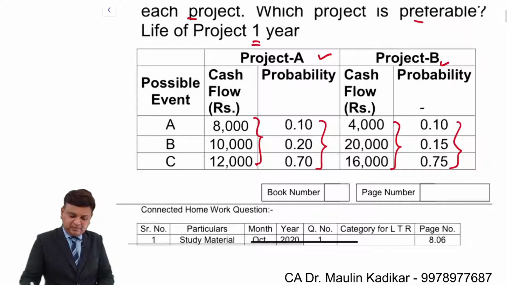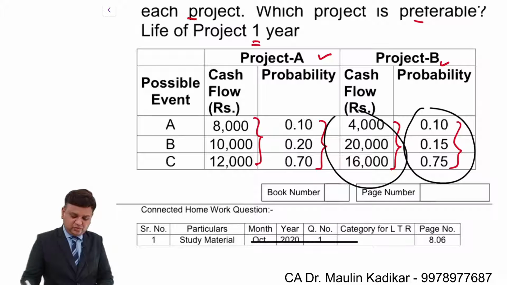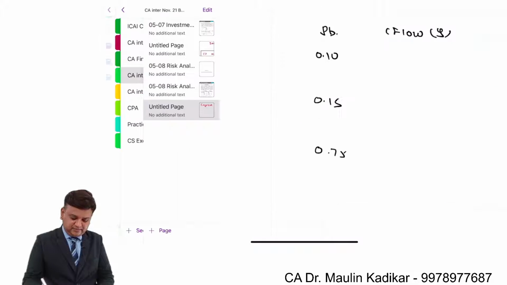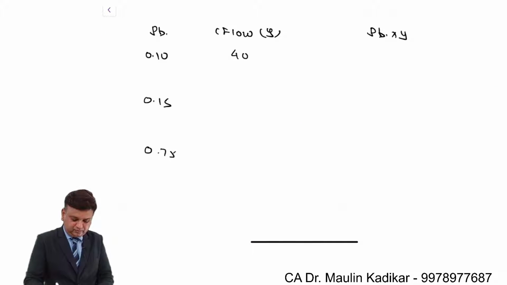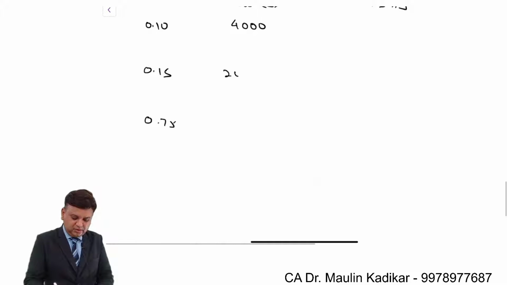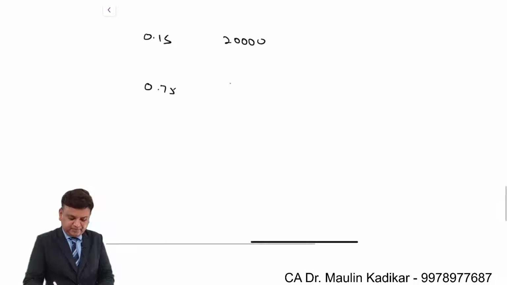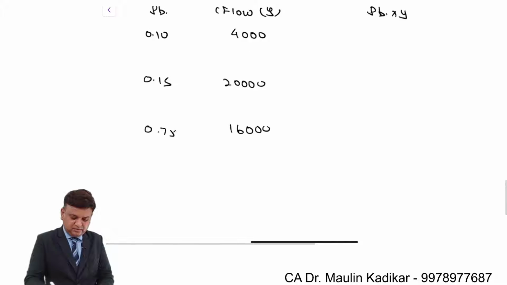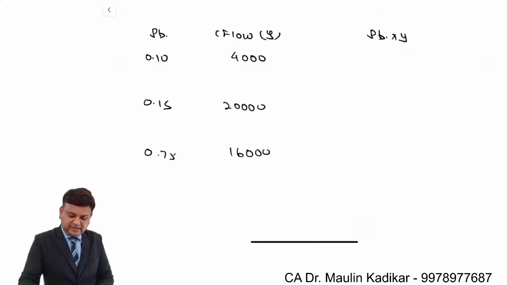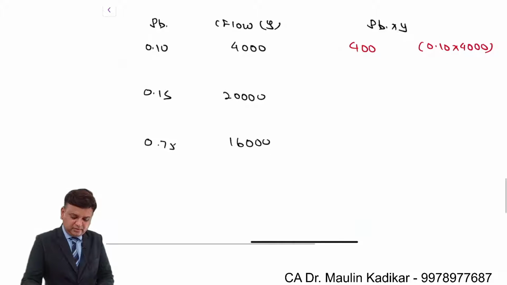Here is the probability provided to us and this is the cash flow: 4, 20 and 16. So we understand 10% chances it will be 4,000. So it is 400.